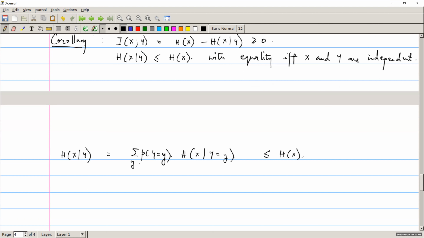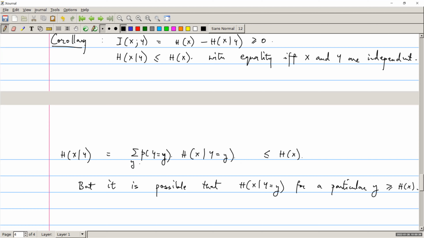But it is quite possible that H(X given Y equals little y), for a particular value of little y, is greater than H(X).